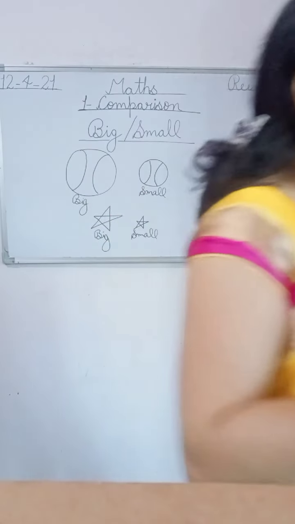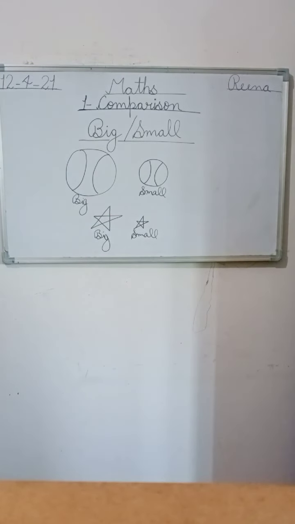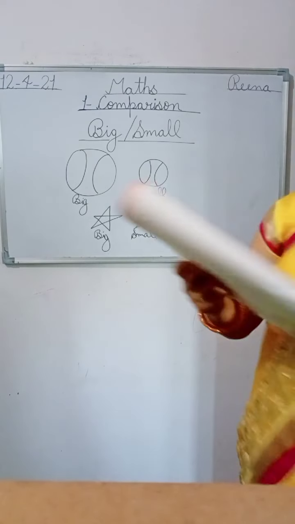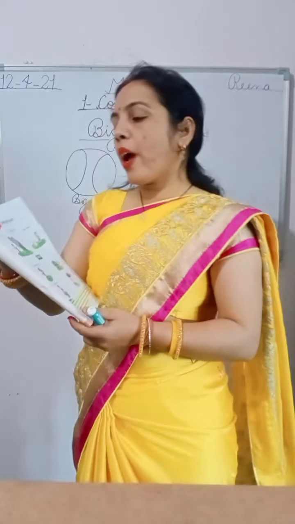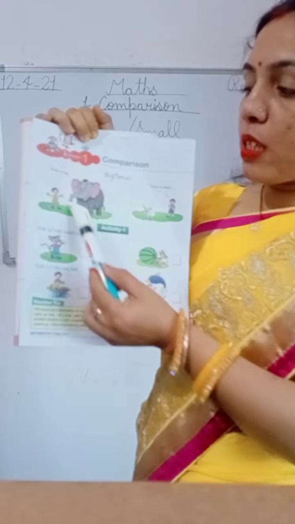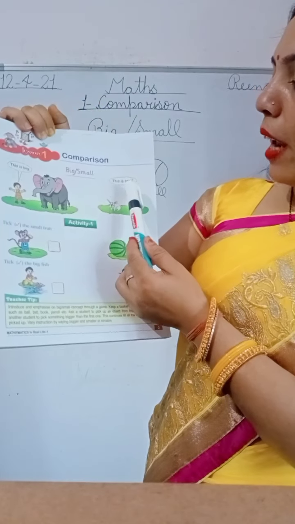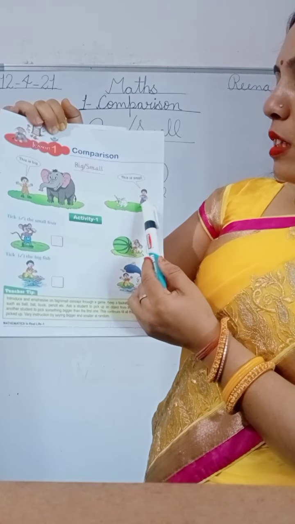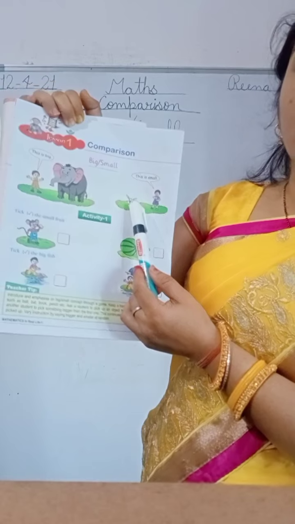Okay. Now you have been given this is big. That means the boy says this is a big elephant and this is small. This boy says this is a small rabbit.